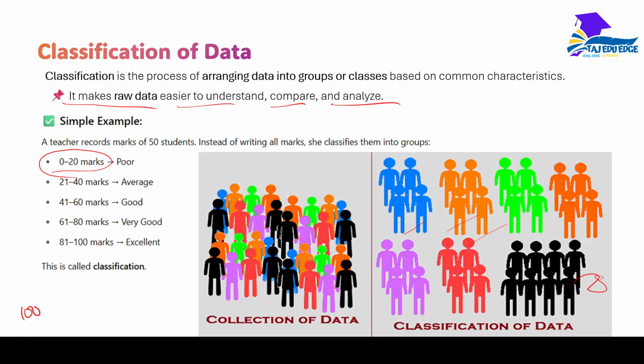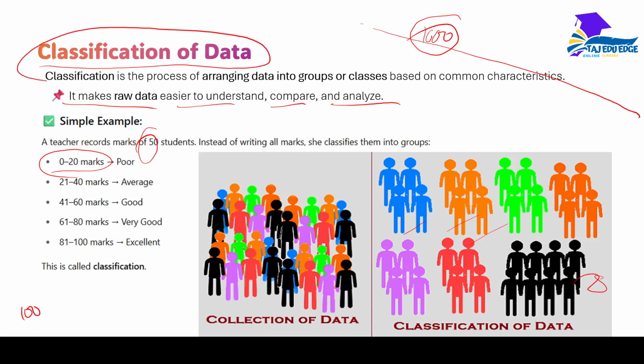Say if there are 50 students, I start writing the marks of each student. It may take me 10 minutes. But if there are 1000 students, is it possible for me to sit and write the marks of each student? Won't classification of data be helpful for me?